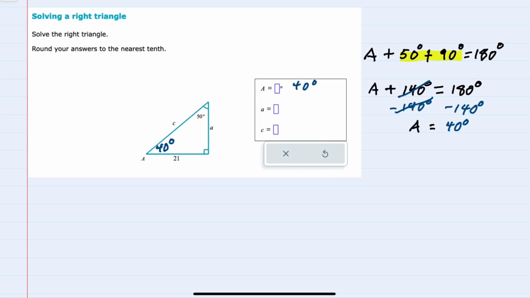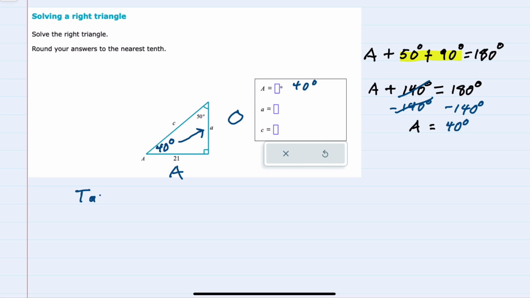And now we can turn our attention to the sides, and this is where we'll need to use the trigonometric ratios. And we can do this from the perspective of either the 40 degrees or the 50 degree angle. Just since it's on the left-hand side here, I'll work from the 40 degrees and recognize that if I'm looking for a, which is the opposite side of the triangle, and I know that 21 is the adjacent side of the triangle, then opposite over adjacent is tangent.